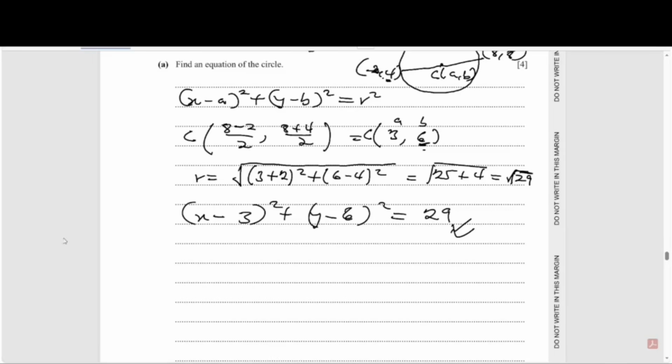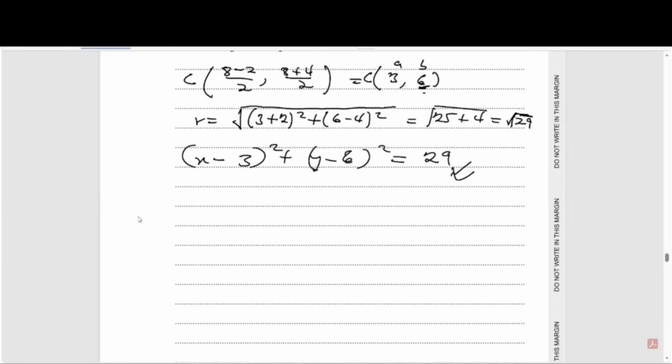If you like, you can also decide to expand, which is not really compulsory. You can expand everything and get x squared plus y squared minus 6x, and then minus 12y, then plus 9 plus 36 minus 29, we have plus 16 is equal to 0. So this is the expanded form of the equation.